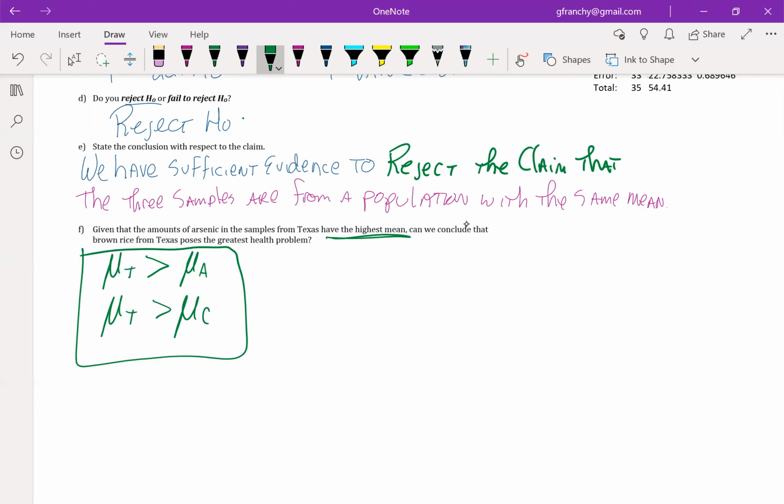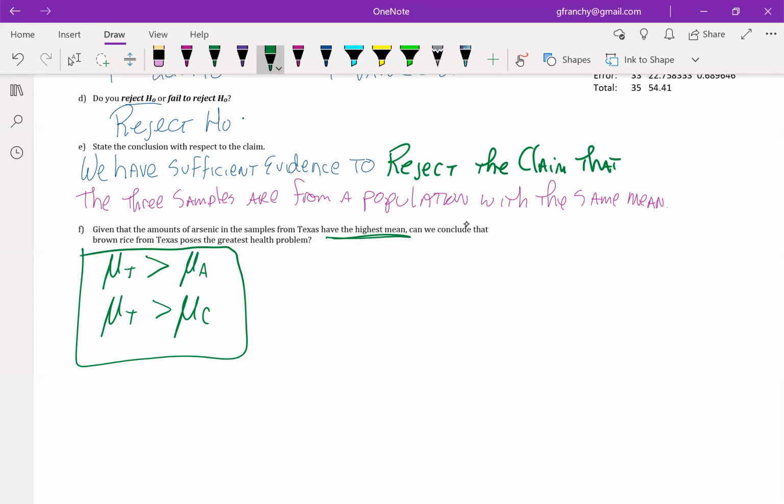Now, can we conclude that brown rice from Texas poses the greatest health problem? Well, arsenic is a poison. If we have too much of it, well, just about too much of anything in our system becomes toxic. I mean, people drown. So does it pose the greatest health problem? Well, relative to the other rices, I suppose.